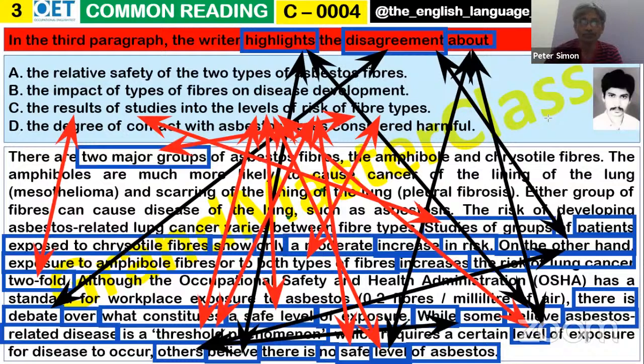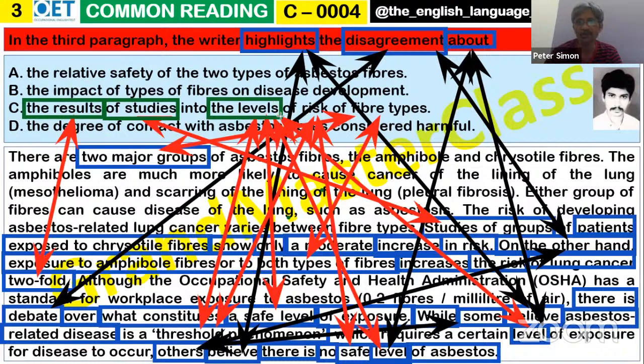Now, the results that is twofold and one-fold. Of studies, the arrow is there, already seen. The levels, you know the levels, okay.